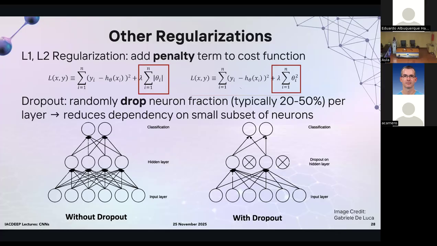For L1, it's proportional to the absolute value of your weights, so you're encouraging some sparsity. Some of those weights go to 0 completely. For L2, it's proportional to the square of your weights, so that's reducing some larger weights and everything's a bit more smooth. Your model's smoother when you're training.